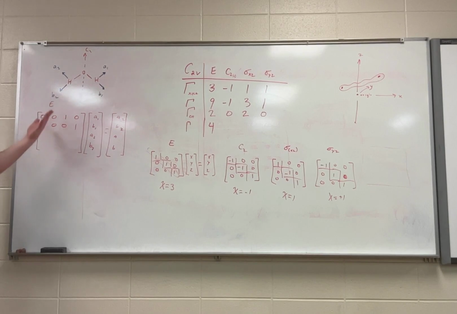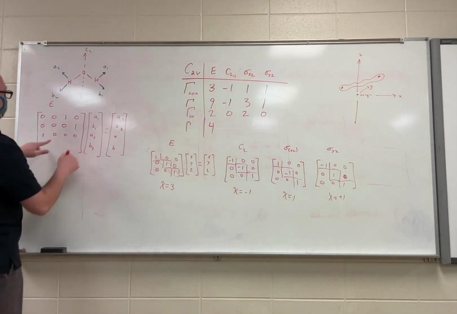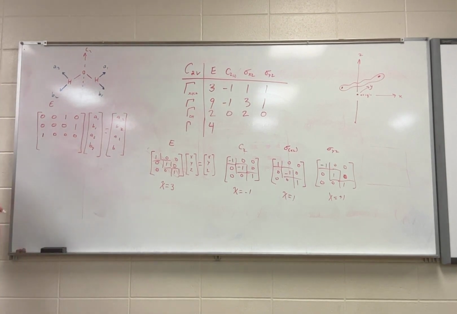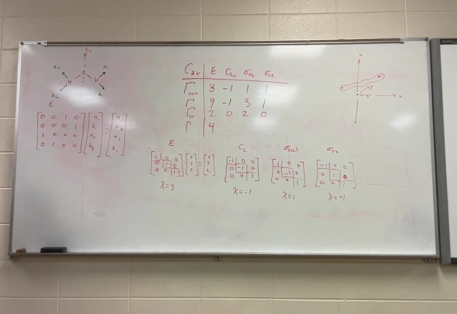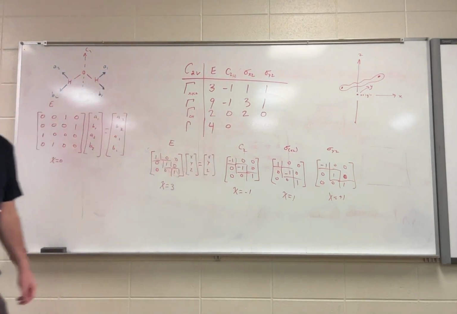A2 exchanges with A1, so I should get these terms in my transformation matrix, so that when I multiply here, I get A1 there, and then B2 and B1 exchange, so I should have 0, 1, 0, 0. So I take those row elements, multiply into the column matrix, I get B1. So B2 transforms to B1. Okay? And I see that with this basis, the character is 0 under the operation C2.